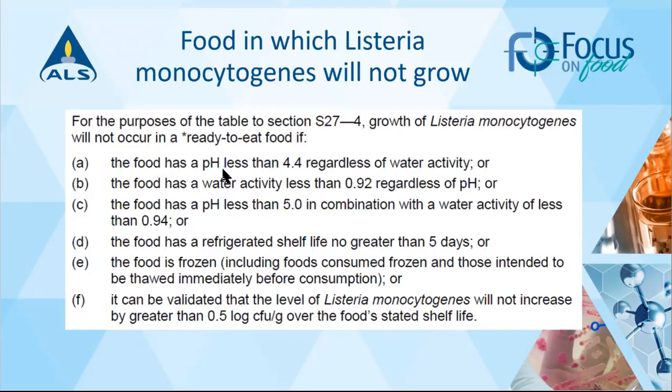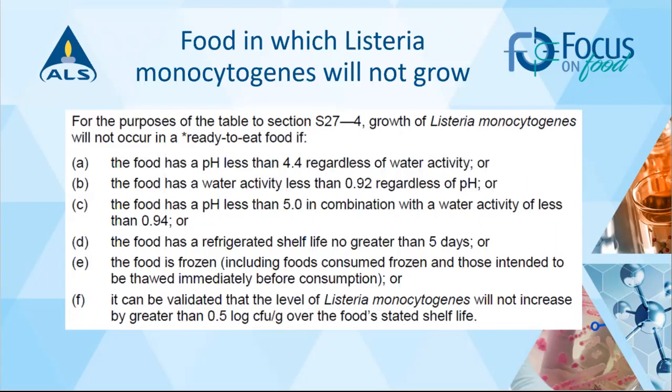If you remember the first 2 webinars, we discussed product characteristics such as pH, water activity, etc. And there are limits for pH, water activity, and a combination of the 2. Also, if it's a food with a refrigerated shelf life of no greater than 5 days, Listeria monocytogenes will not grow according to the regulations.